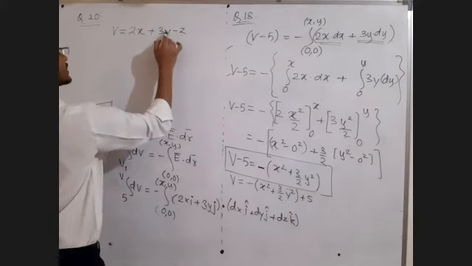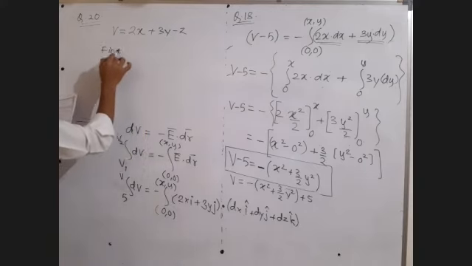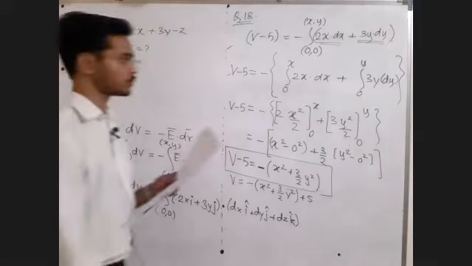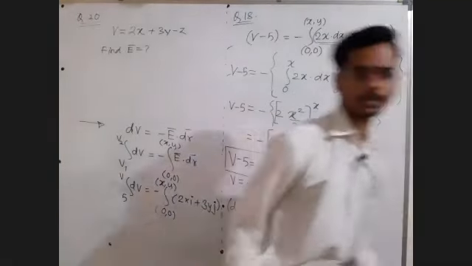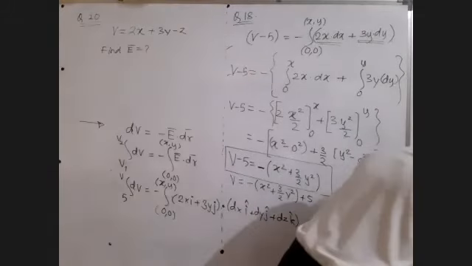Now z term is also there. Find electric field vector. Which formula you will use? Potential formula or field formula? Field formula, the negative potential gradient formula. Do it.